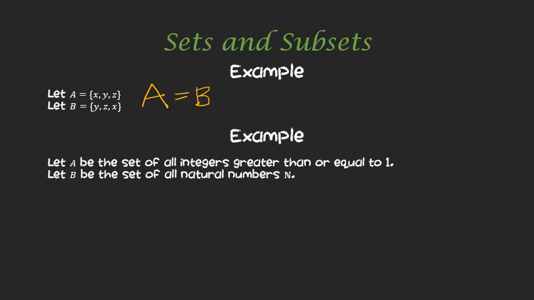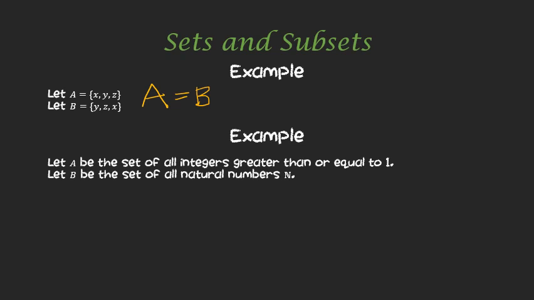Take a look at another example. A is the set of all integers greater than or equal to 1, and B is the set of all natural numbers. And remember, the symbol we use for the natural numbers is N. If you look at the definition for natural numbers, one way to describe them is the counting numbers. So 1, 2, 3, right?